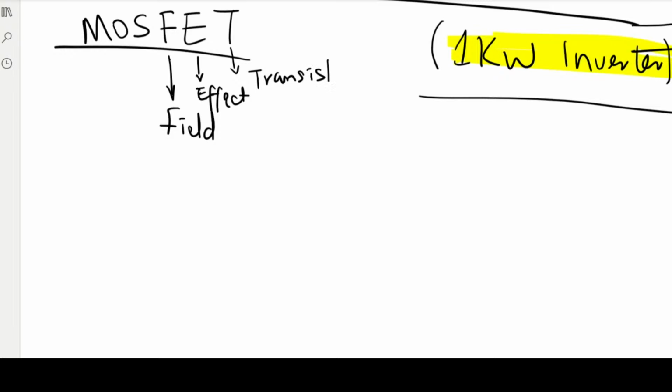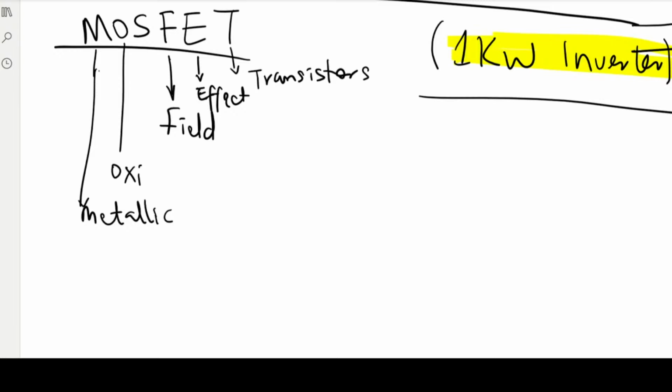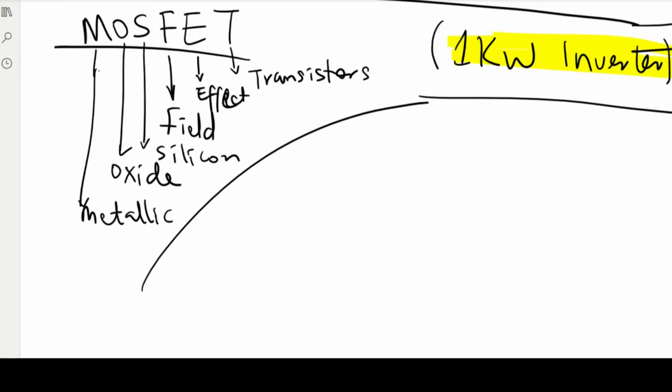Okay, then this is just metallic oxide silicon. So metallic oxide silicon field effect transistor. All right. So the symbols, there are two major ones we're going to look at. We're going to look at the N channel and the P channel.